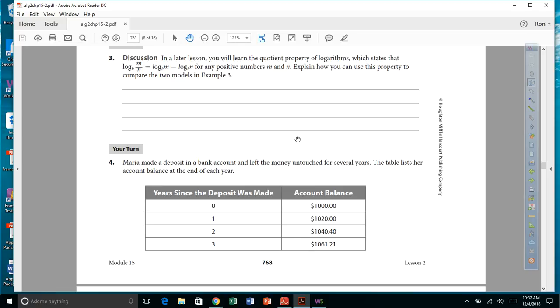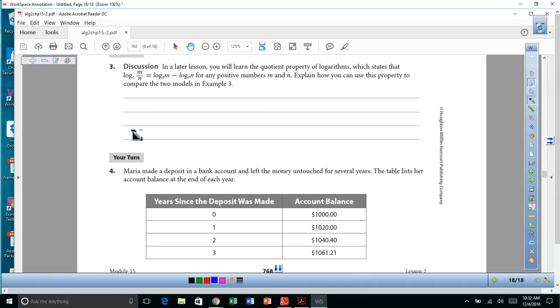Well, what that's saying is we had t equals 8.85 natural log, and that was p over 62.